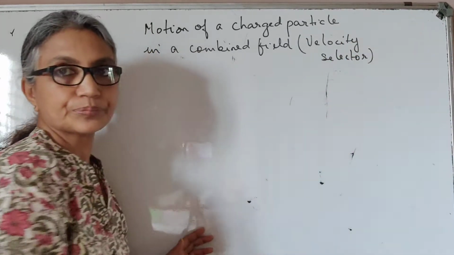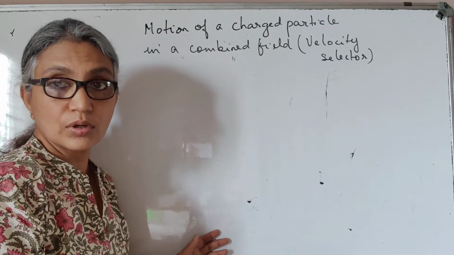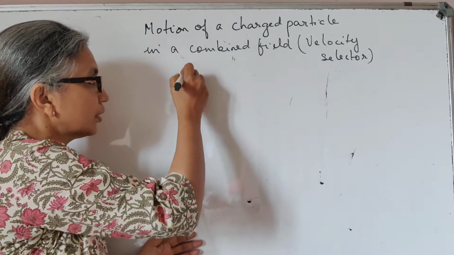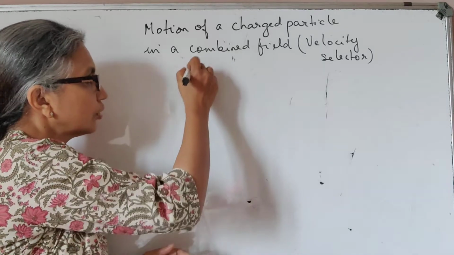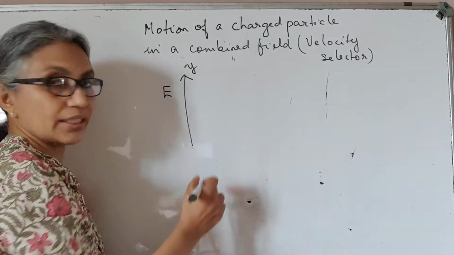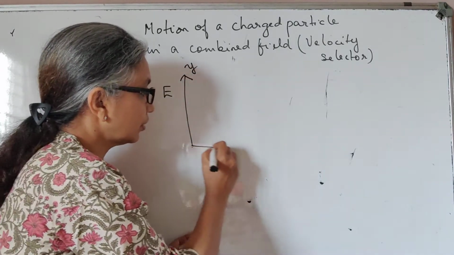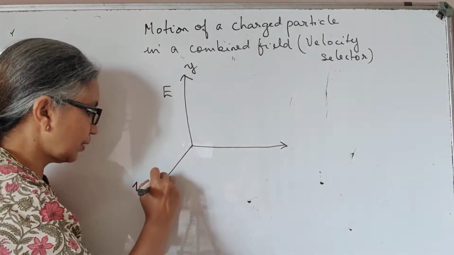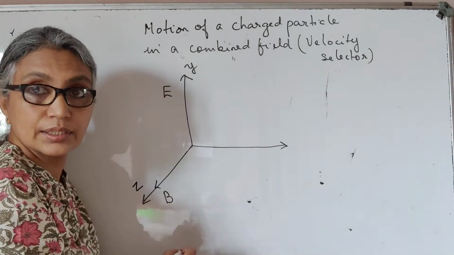Velocity selector. Okay, so what we have here is the electric field along the y-axis. Then along the z-axis, we apply the magnetic field.